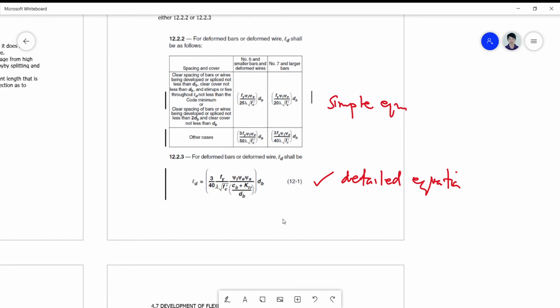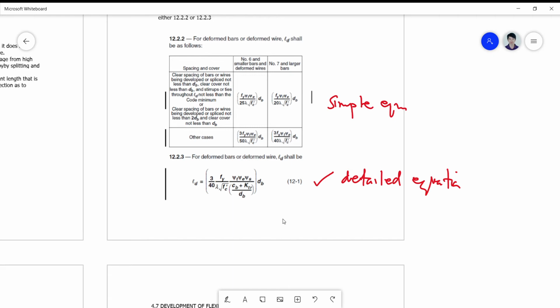So last time we stopped somewhere here on the formula presented on the ACI code or even in the NSCP. So this is actually section 12.2.2 and 12.2.3. So the two formulas actually are just the same.